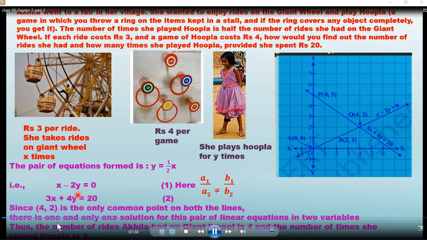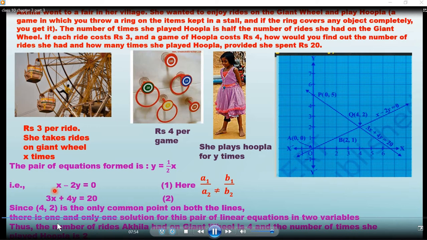B1 is the coefficient of Y. A1 is the coefficient of X of first equation and B1 is the coefficient of Y. Similarly, A2 is the coefficient of X of second equation and B2 is the coefficient of Y of second equation.